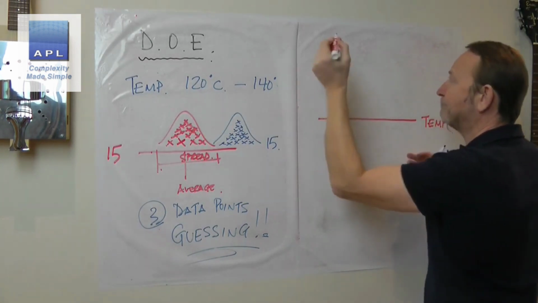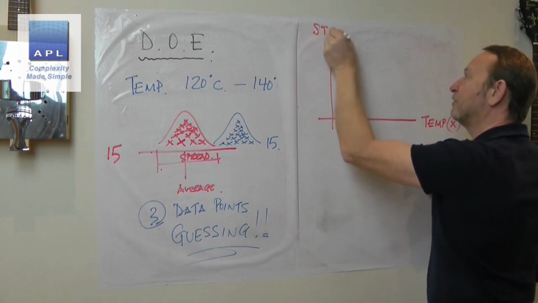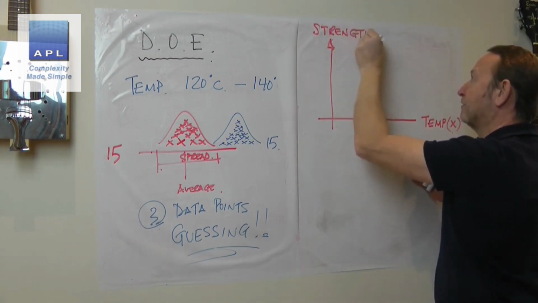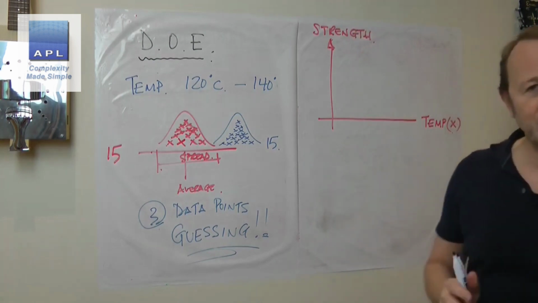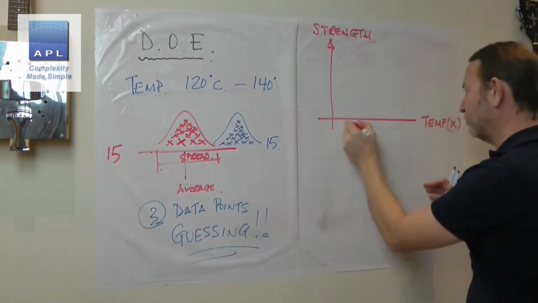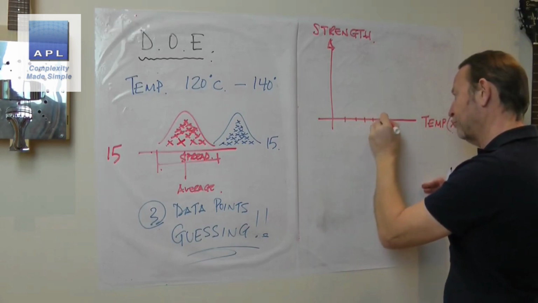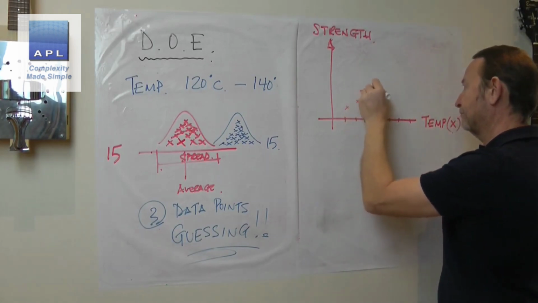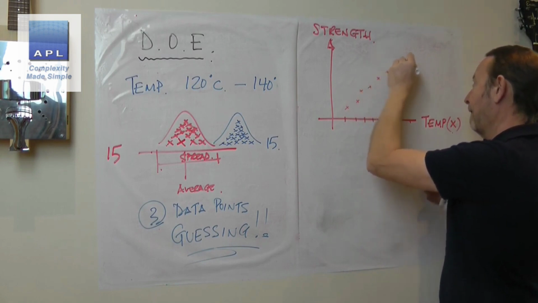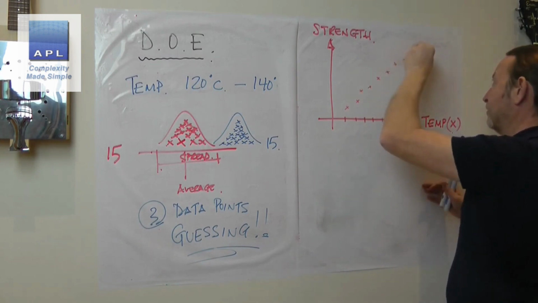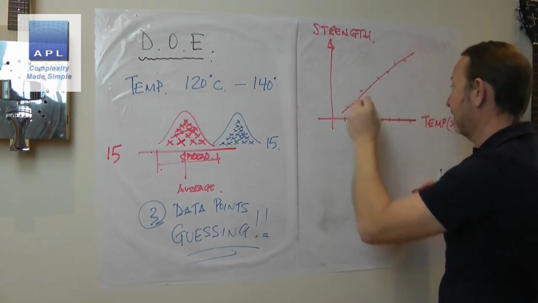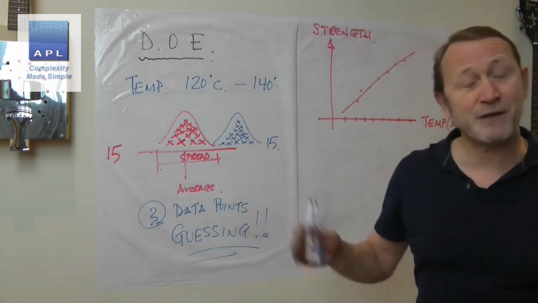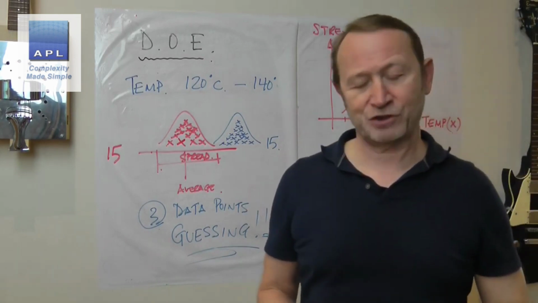Maybe we measure, I'm just going to come up with something, maybe you're measuring the effect of strength on your product, and what you do is you make a number of tests and we build something up and we create a mathematical understanding of what's going on.